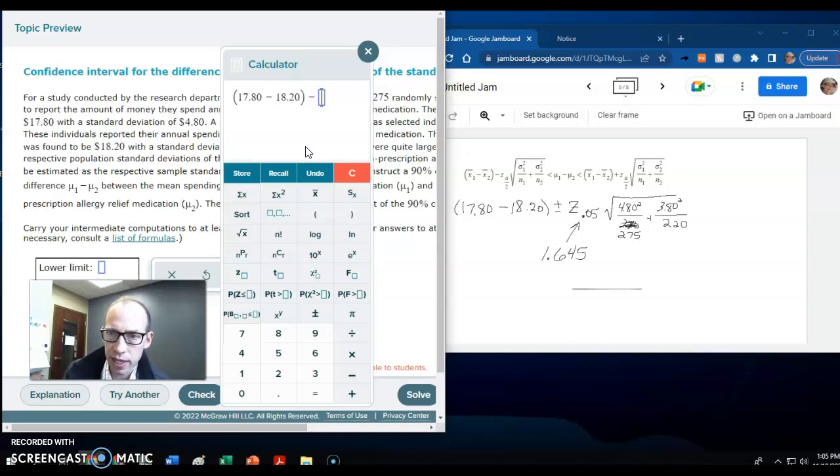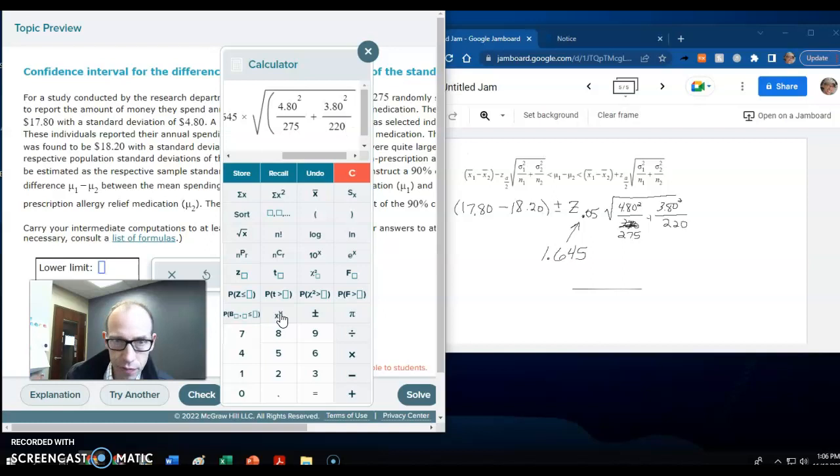Let's just go ahead and do the minus side of things here. 1.645 times square root of 480 squared, divided by 275, plus 380 squared, divided by 220.